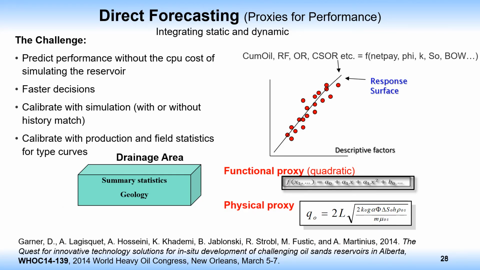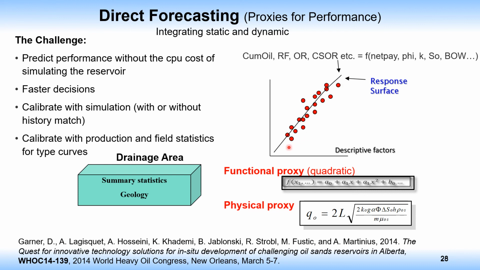And then finally we get to the direct forecasting. And here we have the idea that we can look over some drainage area, be a slot, pad, and from simulation get the relationship between the geologic factors, descriptive factors, and our performance measures, and get this response surface fit through it.